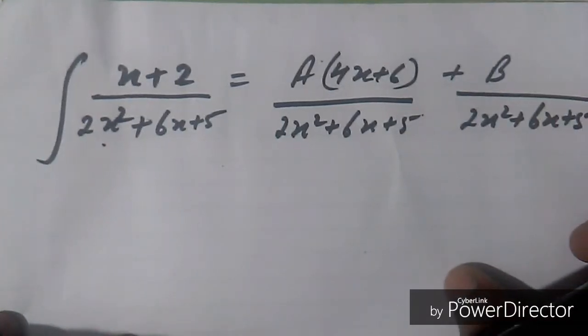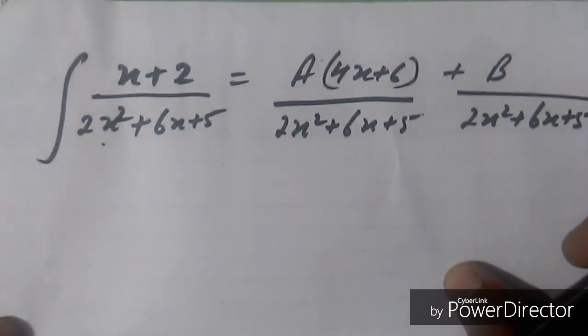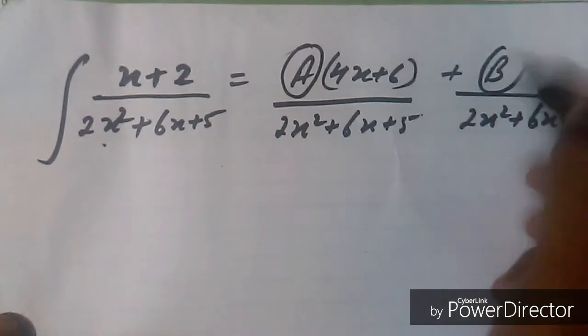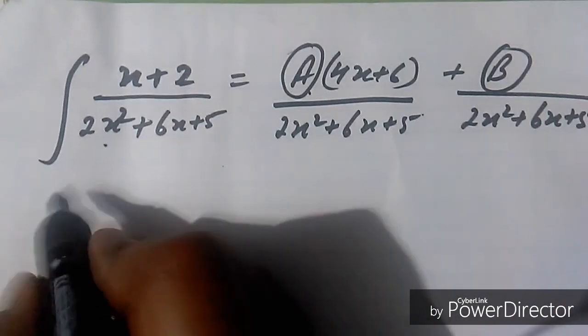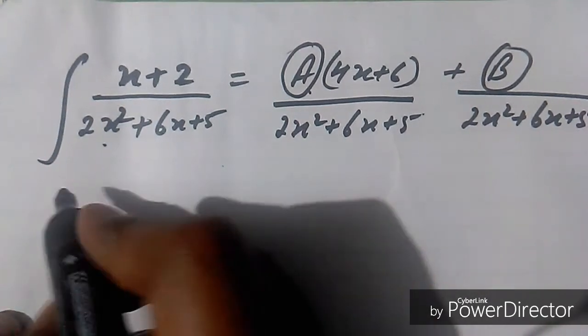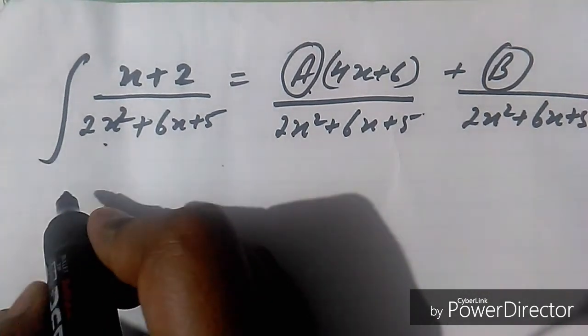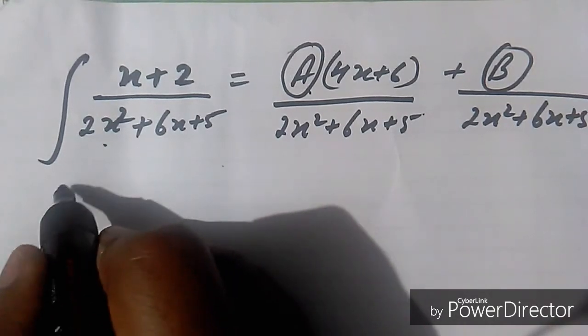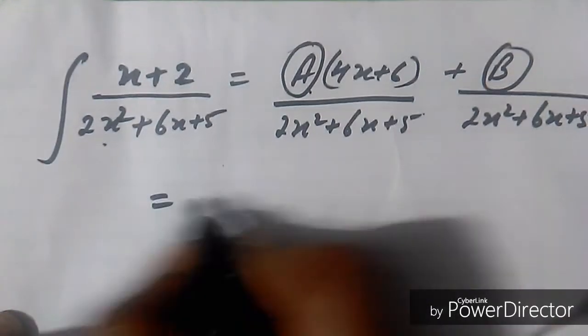Okay, now we put the value of a and b, which we have already found.